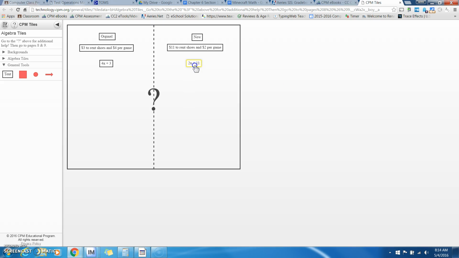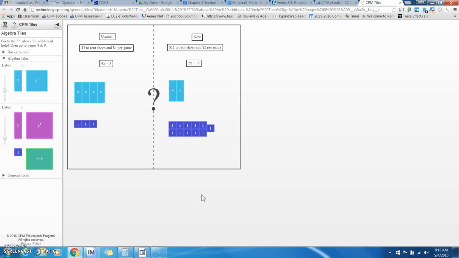So now we have these two to solve and simplify to see which one is better. So I built my expression for each side. I have 4x plus 3 on one side, and that's the original. And I have 2x plus 11 on the other side.